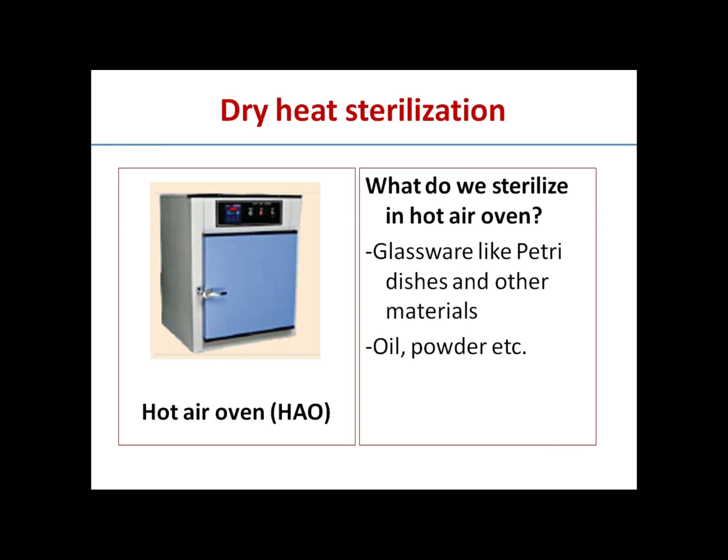Here the air inside the oven gets heated and the heat is retained for some hours, and therefore the microbes present in the glassware or any other material put inside will be killed by burning or oxidation.